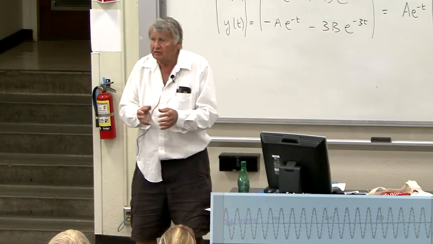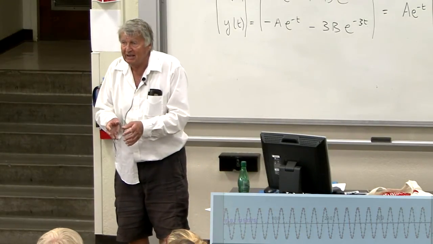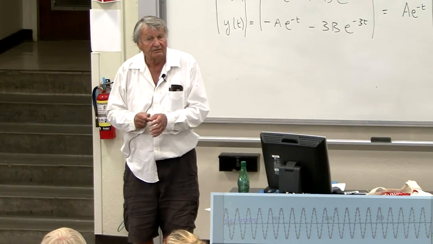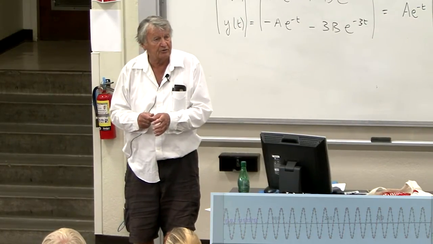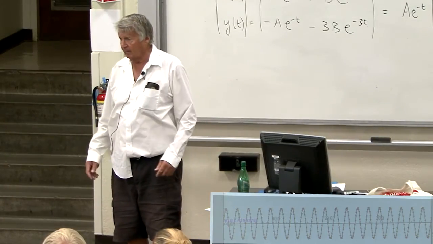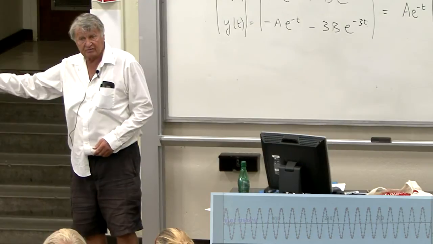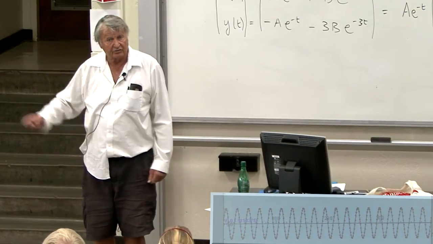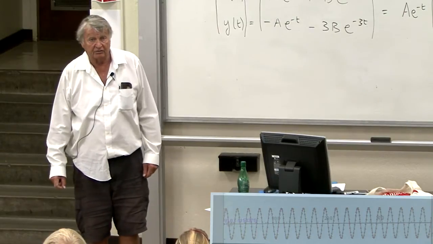You change it so that it matches the frequency of the signal you want to take in, the station you want to listen to. And then the response is very large. The response to all the other stations is very small. So you hear your station and not all the other stations.